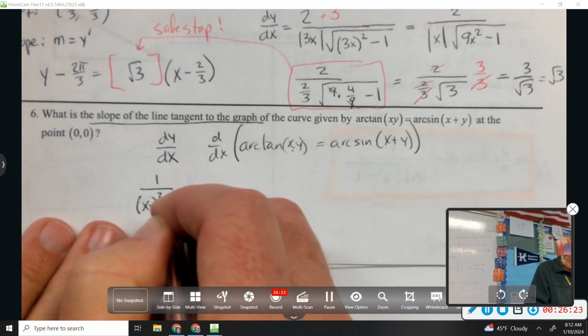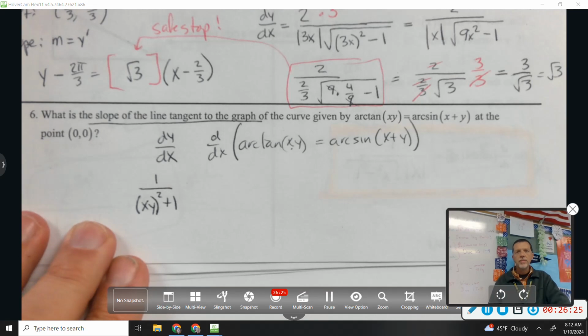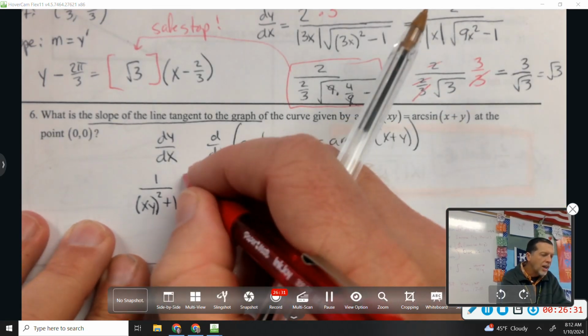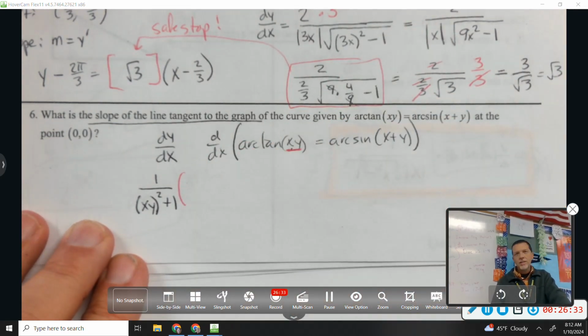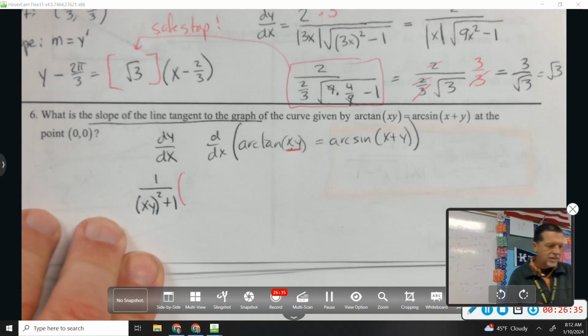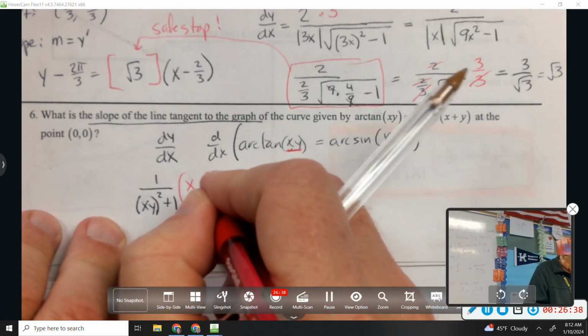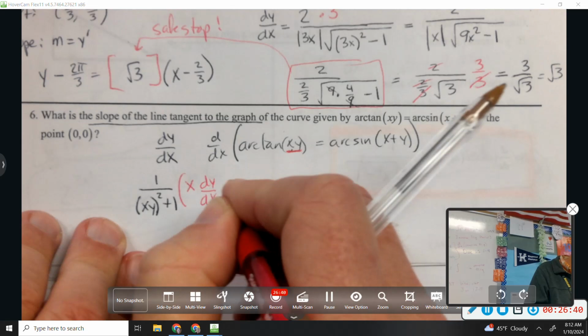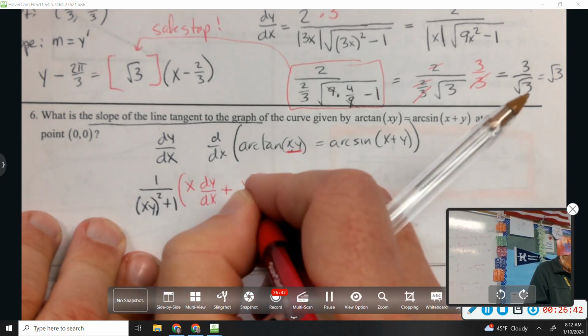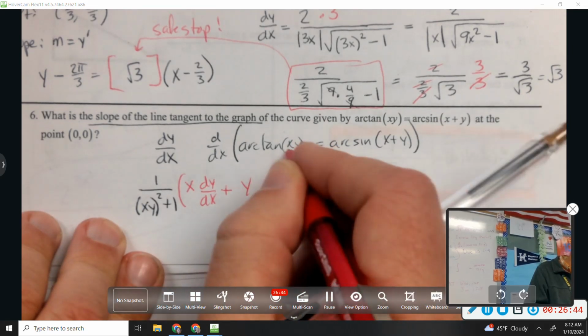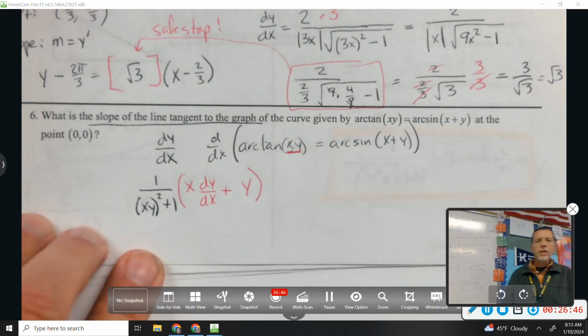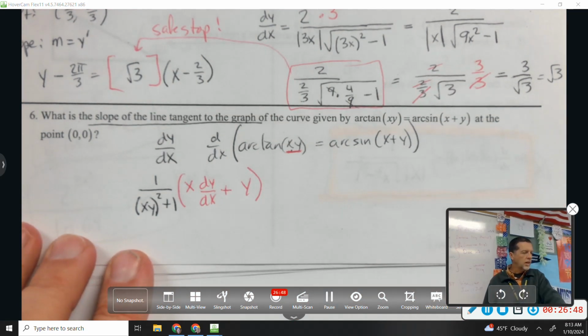That's the derivative of arctangent. But now I need to do chain rule on x times y. So that's 1 times the derivative of the other. So x times dy dx plus y times derivative of x is 1. So that's lovely.